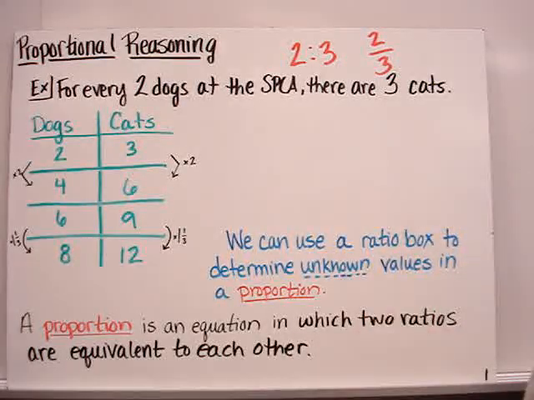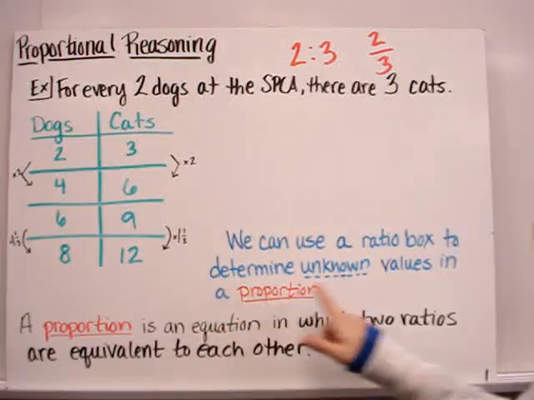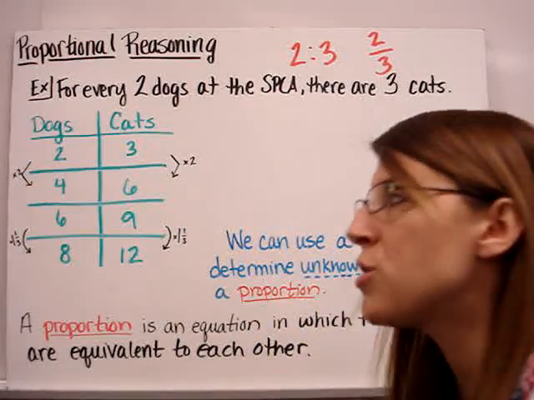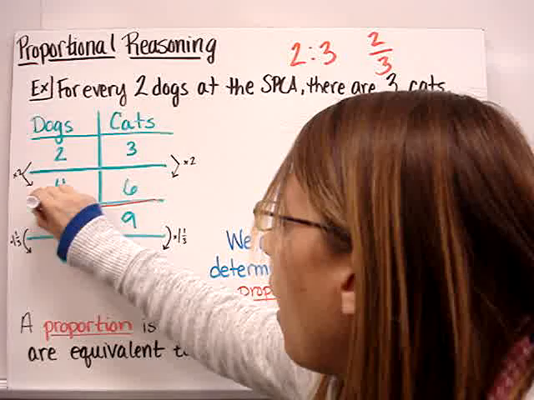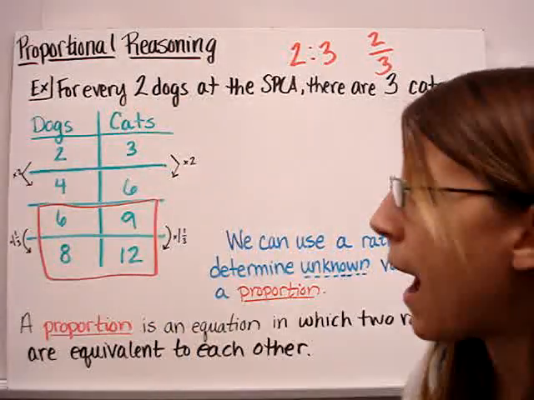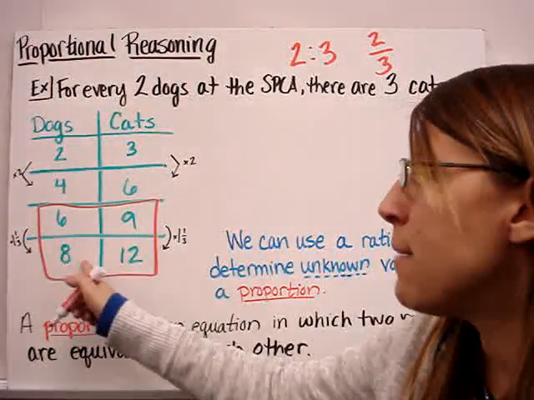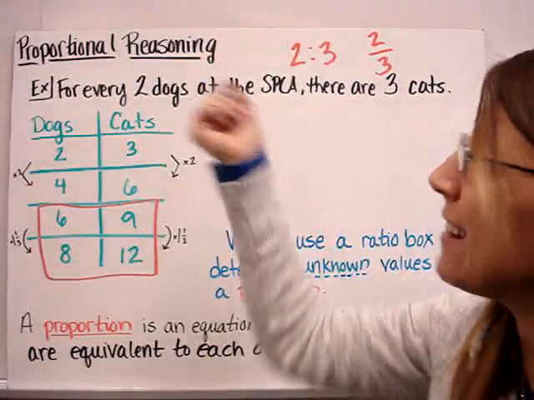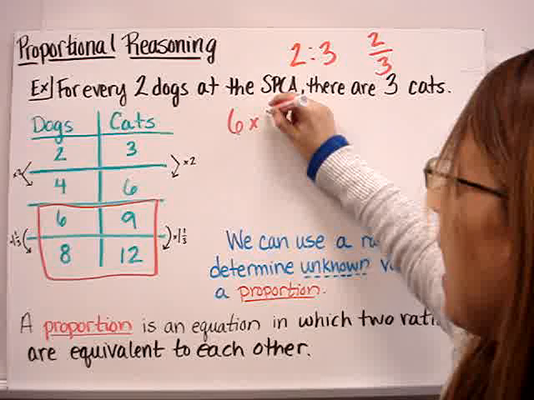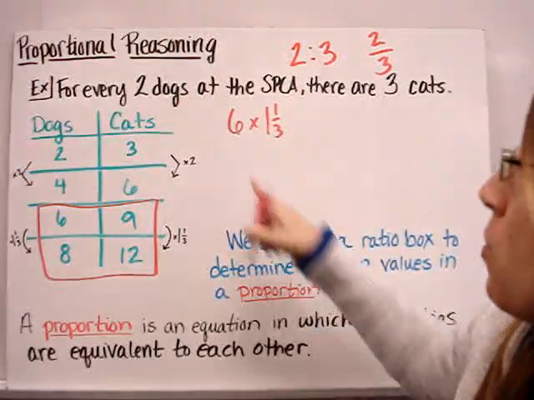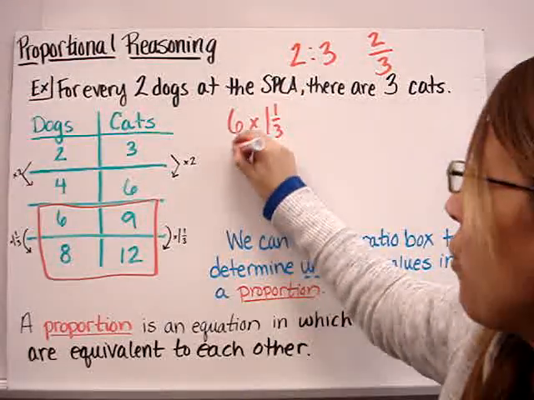I make note here that we can use a ratio box to determine unknown values in a proportion. And so you can consider this part of the chart a ratio box, right? 6 times 1 1/3 is 8. If you don't quite believe me, I'll go ahead and show you here. 6 times 1 1/3, well, that's going to be 4/3.